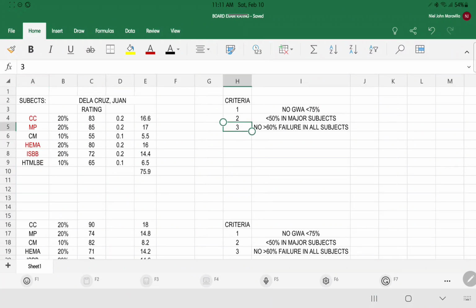Criteria number 3: no greater than 60% failure in all subjects.